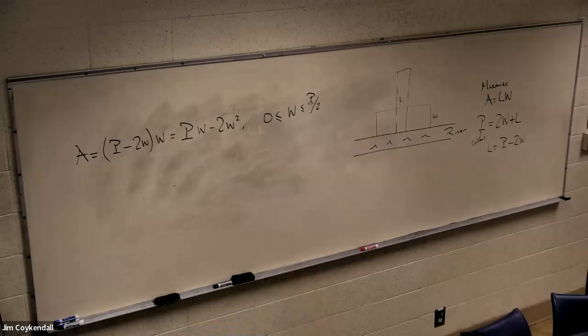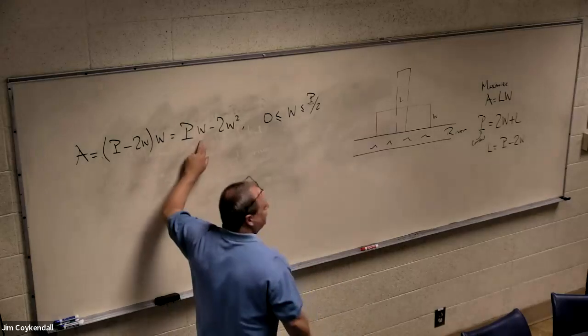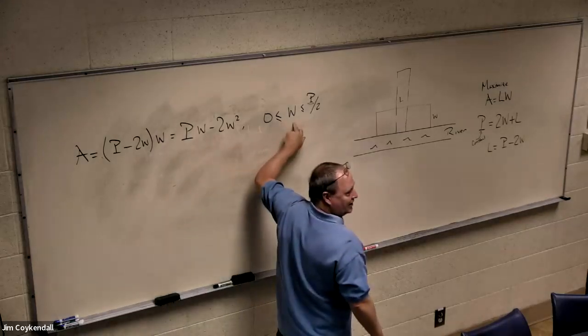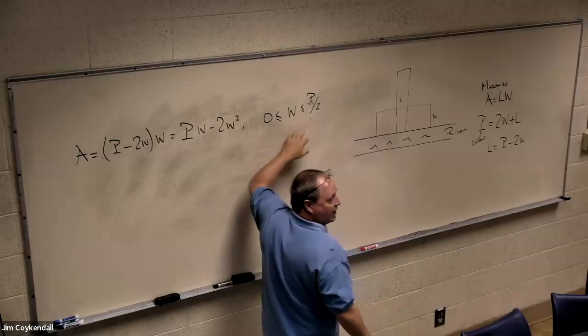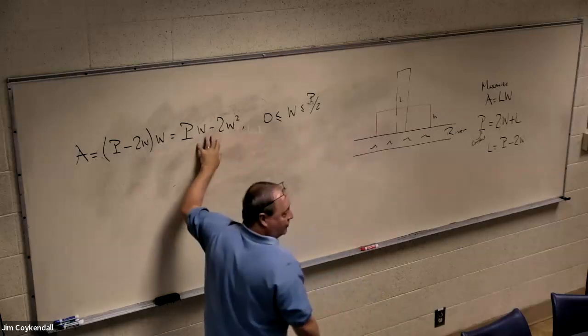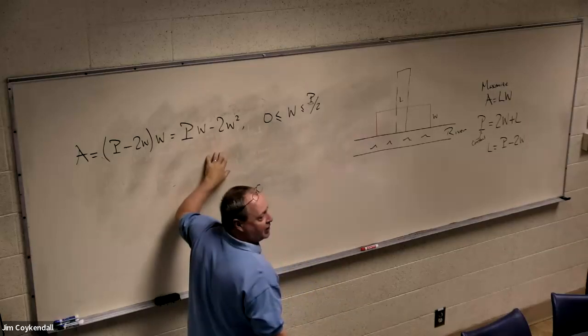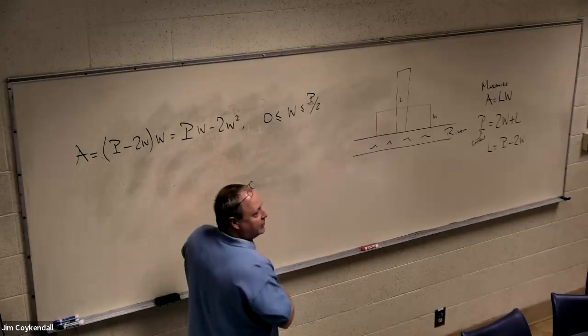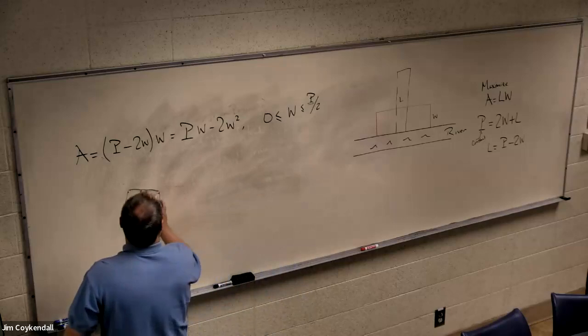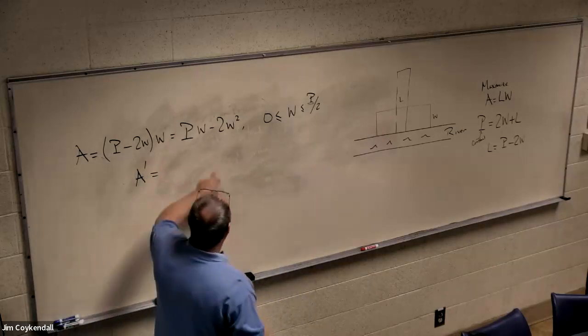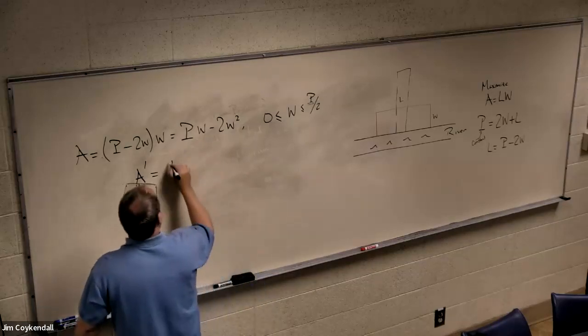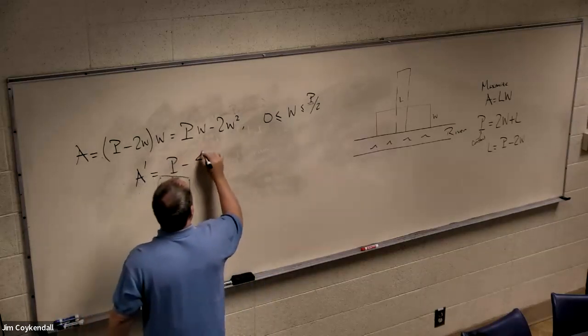Now, we're in luck. This is a continuous function on a closed interval. So this is just like section 4.2 or whatever. All we've got to do is take a derivative, find the critical numbers, and have the contest. Whoever's the biggest wins. So A prime, the derivative of this, my variable is W. This is P minus 4W.